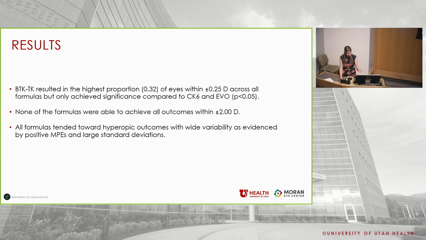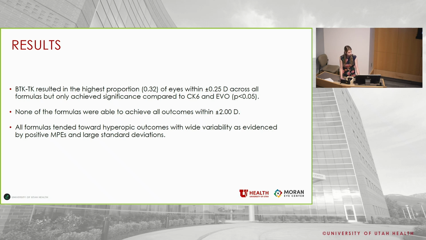So, like I said, the BTK-TK resulted in the highest proportion of eyes within a quarter of a diopter. And this only achieves significance compared to 2 other formulas, the CK6 and the EVO formula, with a P of less than 0.05. And none of the formulas were able to achieve all outcomes within 2 diopters.